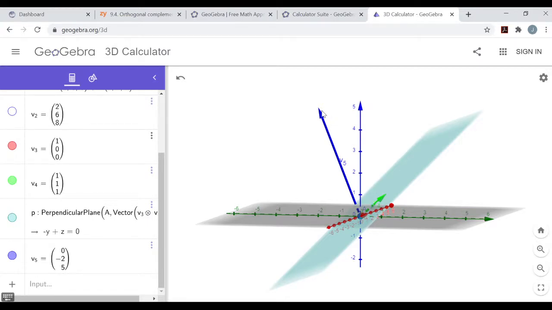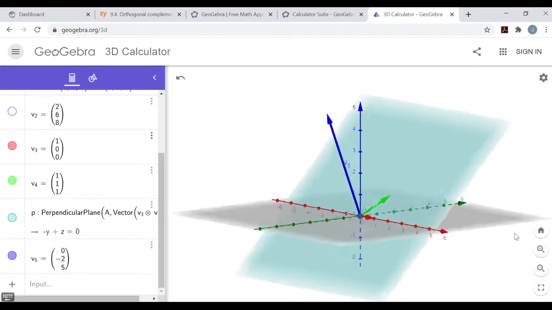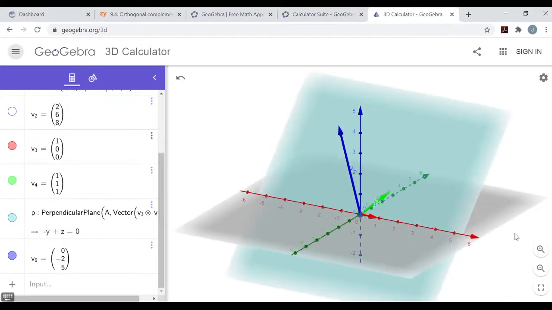Go from the end of 0, negative 2, 5 straight down to the plane, perpendicular. We're trying to find that vector. And then we'll find the other vector from the orthogonal complement of W that, when added to the projection, gives me the original vector back. All right, we'll do the orthogonal decomposition.